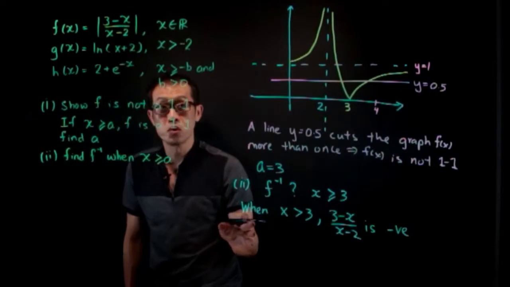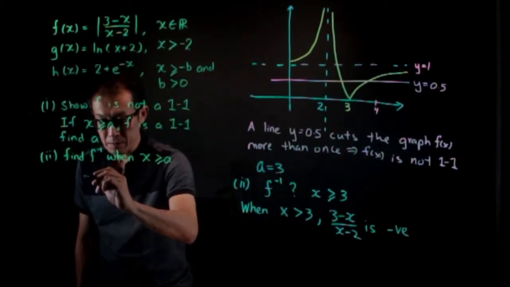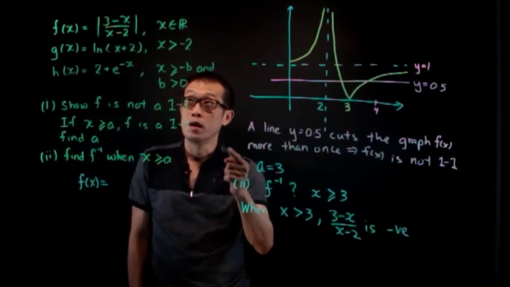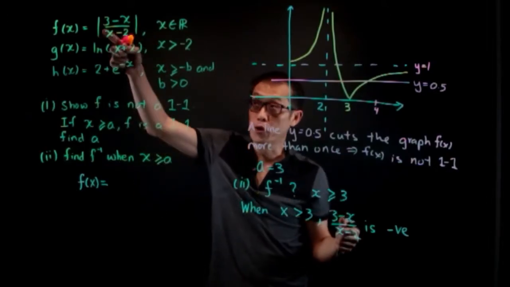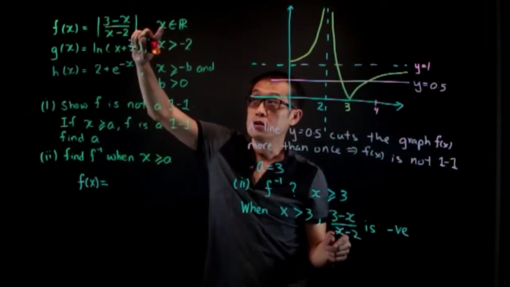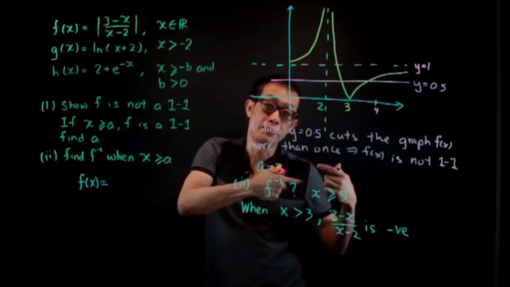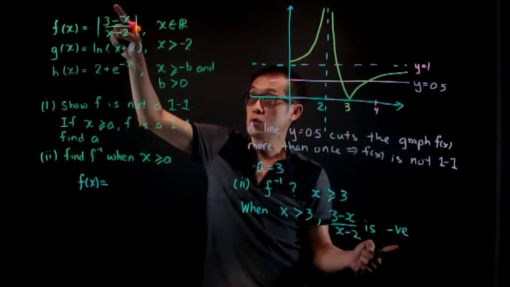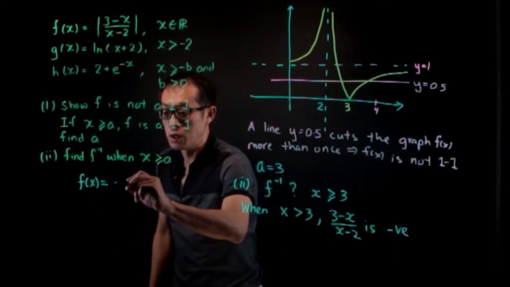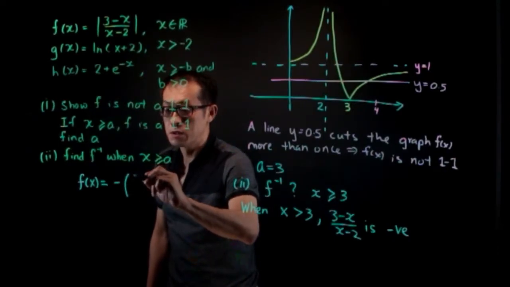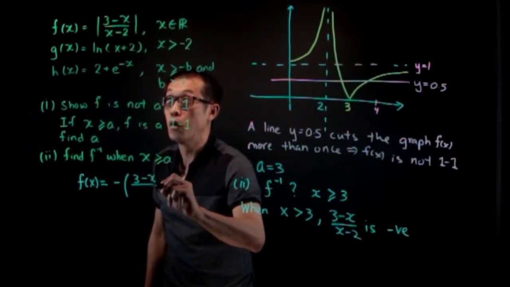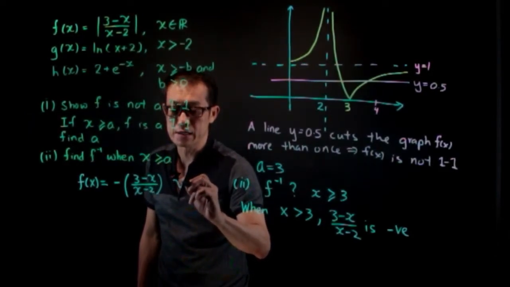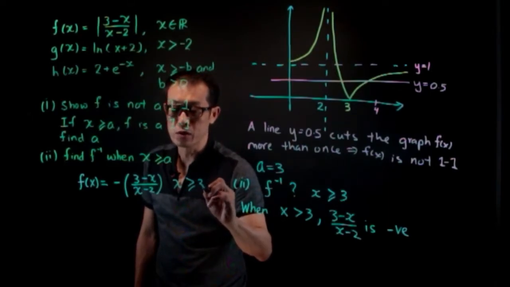So when x is greater than 3, your f of x will be equal to the negative of this, because this is a modulus. This is negative, and the modulus will take the absolute value of the number. So your f of x will be equal to minus 3 minus x over x minus 2, when x is greater than or equal to 3.